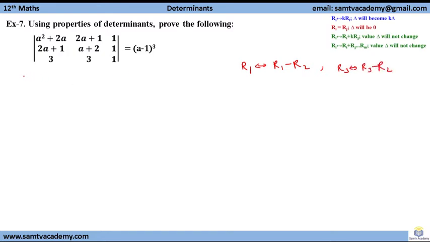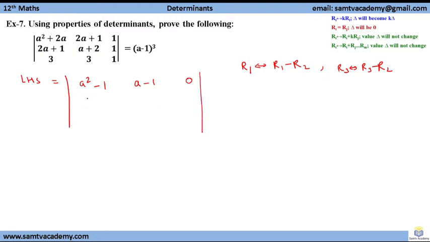Now we will apply this in the first step. LHS is equal to, we have to subtract row 1 with row 2. So a square plus 2a minus 1, and here you will get a square minus 1. Similarly, 2a plus 1 minus a minus 2 gives a minus 1, and the third element will become 0.